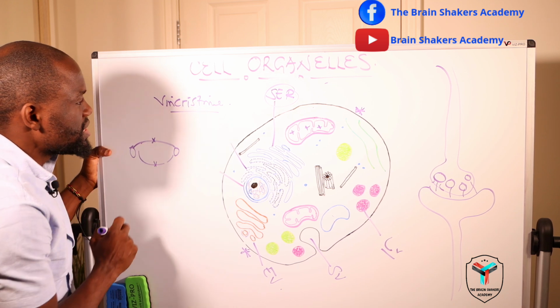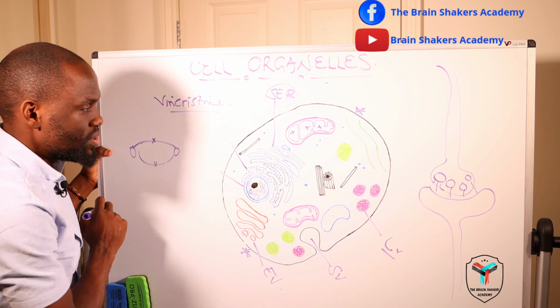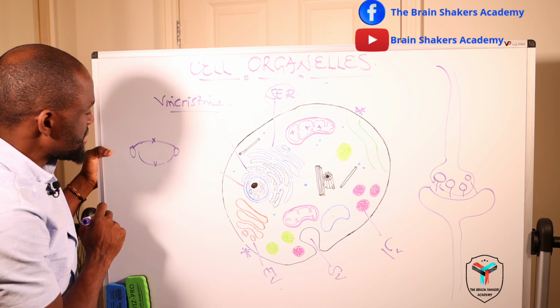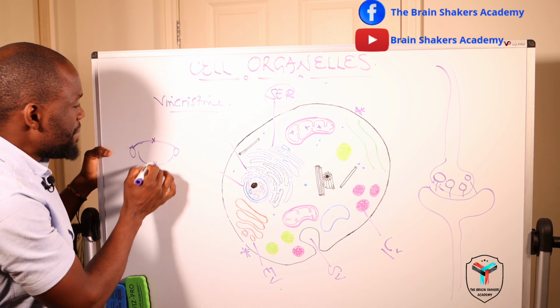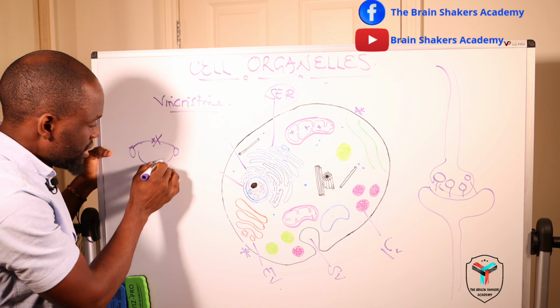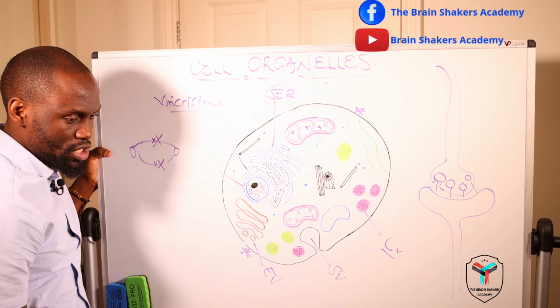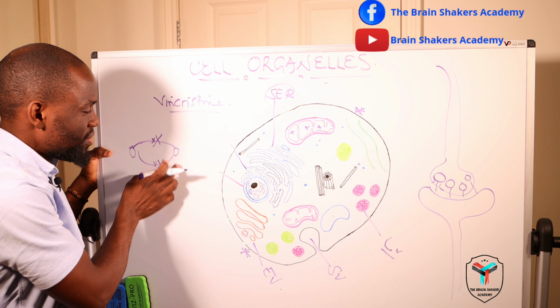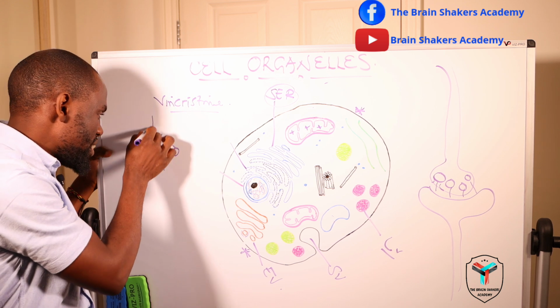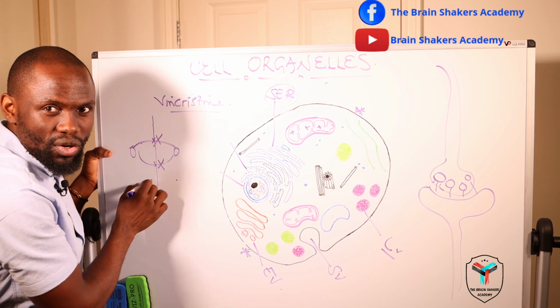When you give vincristine, what it is going to do in that cancer process is block the formation of those mitotic spindles and arrest the cell in metaphase, meaning that there is not going to be any separation of these cells.